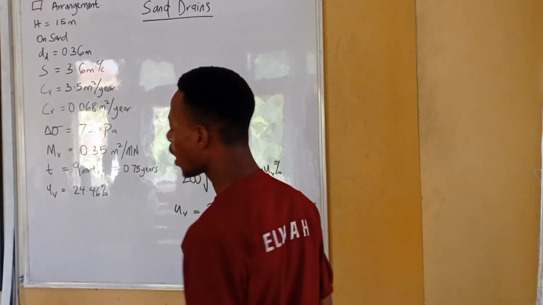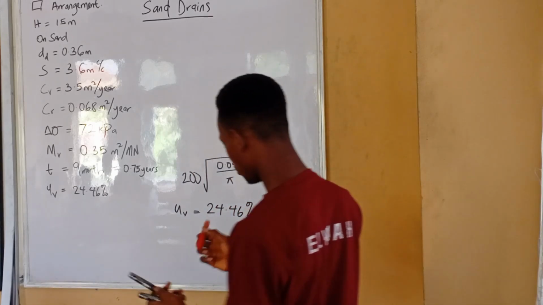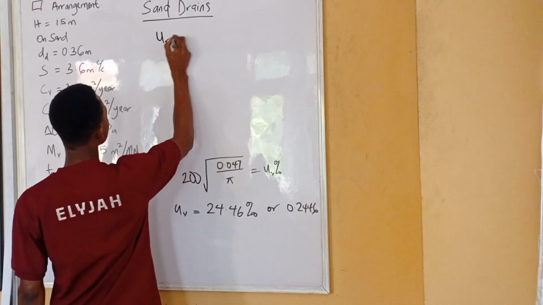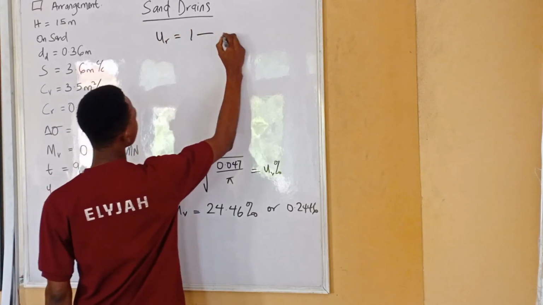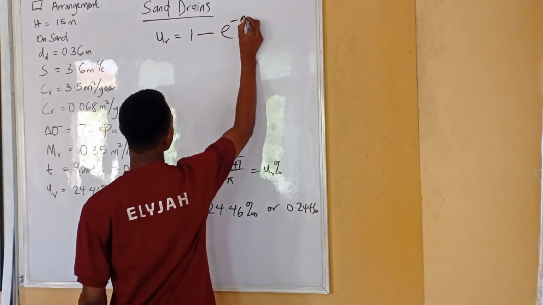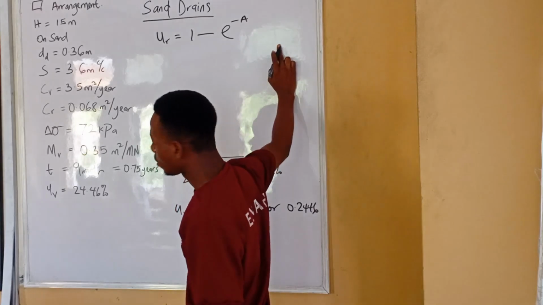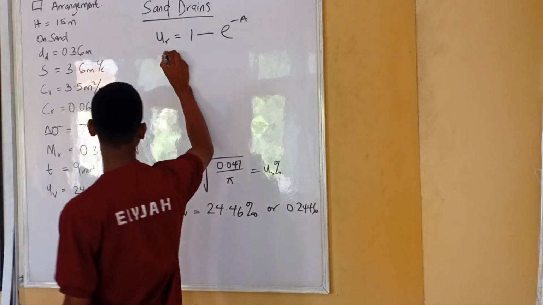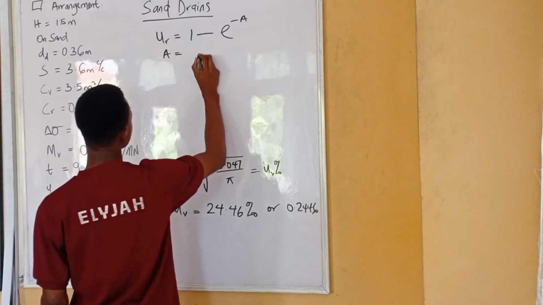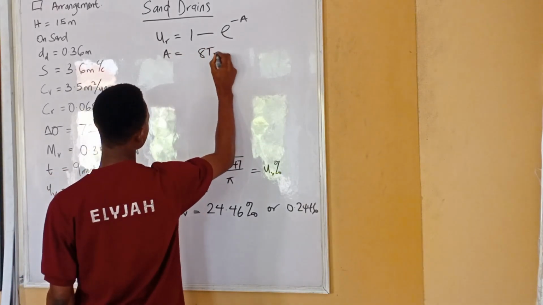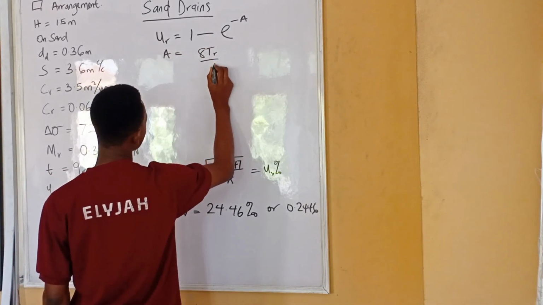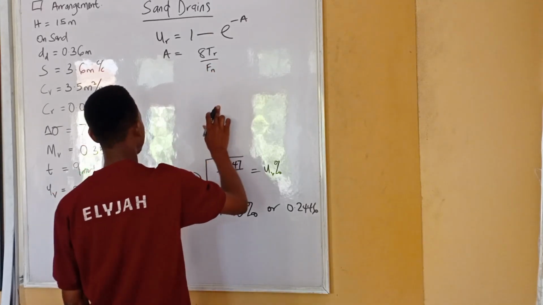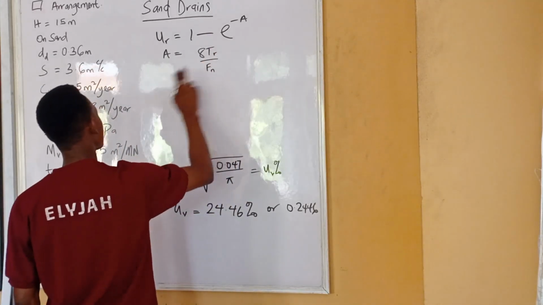So we've gotten our UV, now to UR. UR is equal to 1 minus e to the power minus A. So this is the formula for finding UR. And A is equal to 8TR divided by Fn. You don't know TR, you don't know Fn.